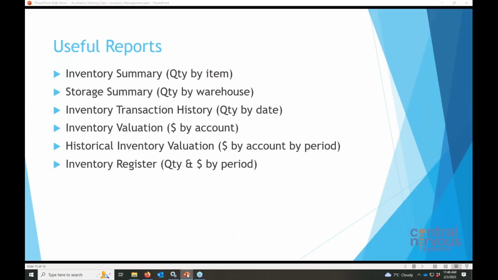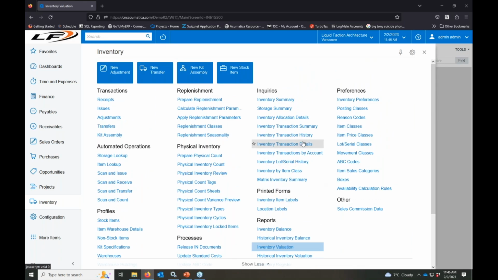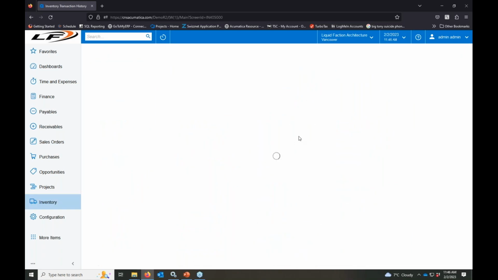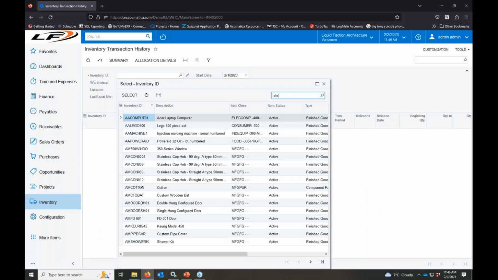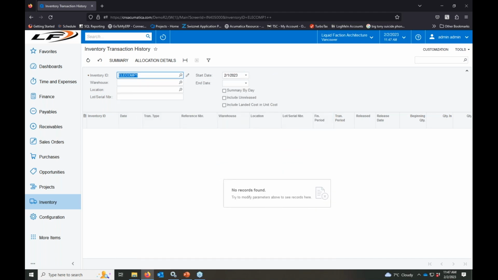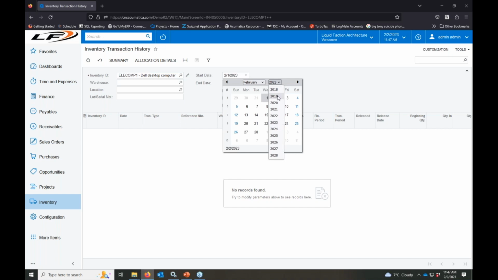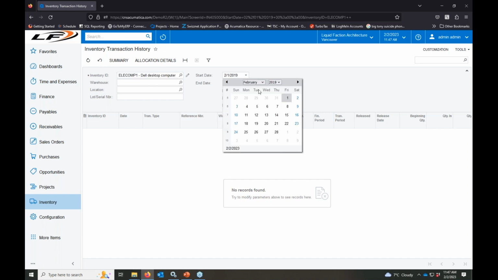Okay. What else did we have? Inventory transaction history. That's a good one. Let's look at that one. This is an old database, so let's go back to 2019. Maybe older.